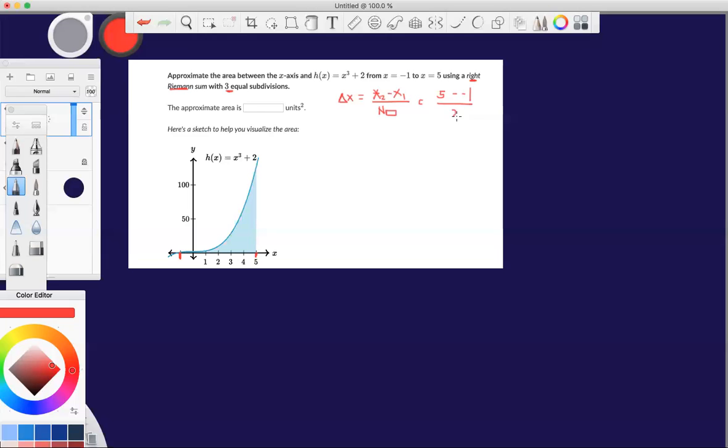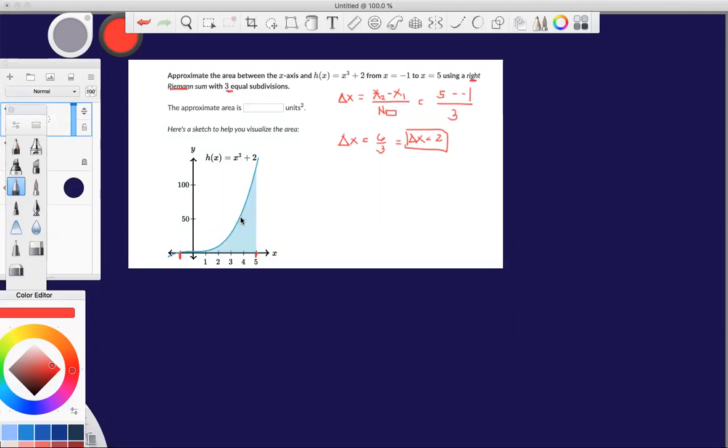So delta x, 5 minus -1 gives us 6, and 6 divided by 3 gives us 2. Delta x of 2. Very good. So we now have a delta x of 2.